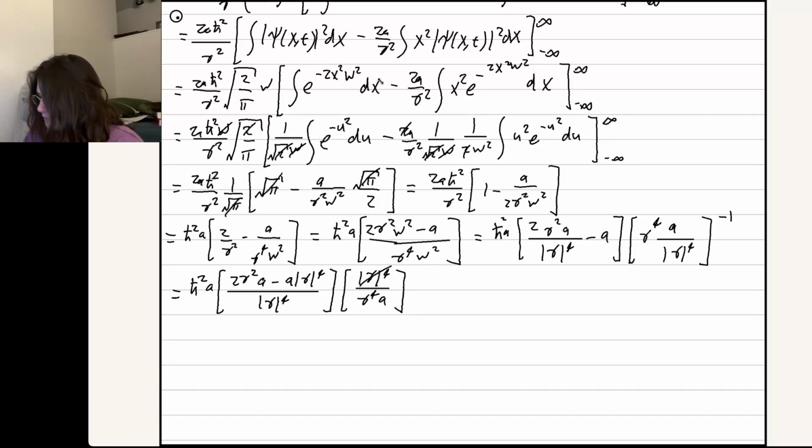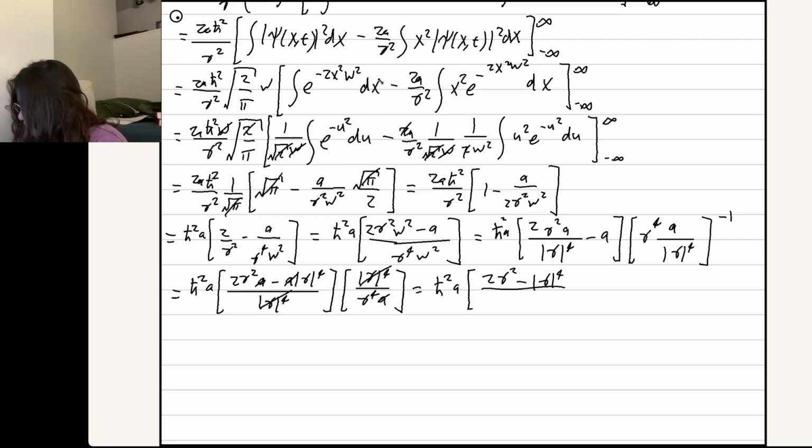Now we can cancel this out with this and also cancel out all these a's to get the expression that we will actually expand to gamma squared minus mod gamma 4th over gamma 4th.